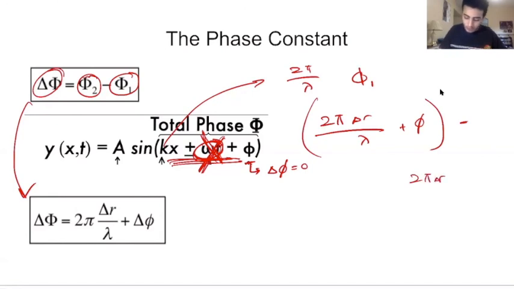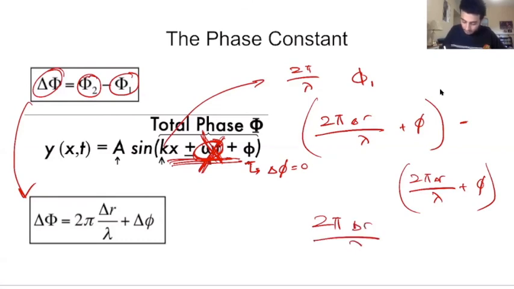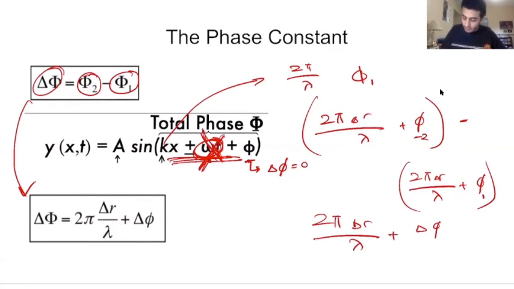So I should just write the path length difference over lambda plus the phase constant. And when we factor them out, we will see that we get basically the same thing. We get this equation, because phase two minus phase one. I should say this is phase two.